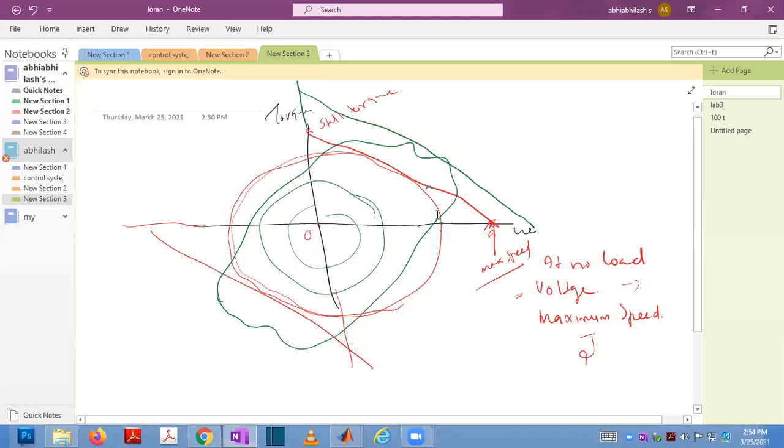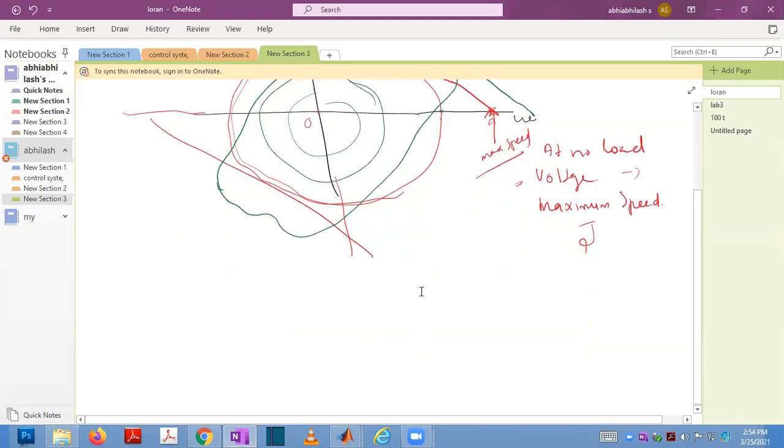In other words, if you are driving a car or something, the car's gear ratios are designed accordingly. If you compare different cars that use the same engine, they will use different gear ratios for a particular speed.